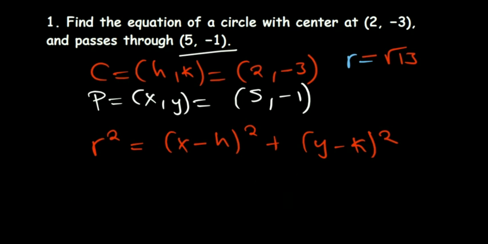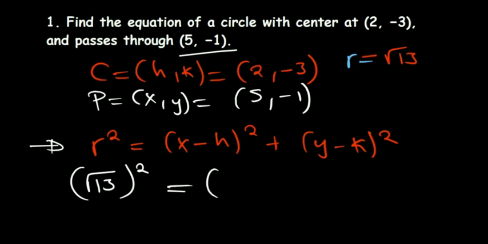So for us to find the equation of a circle, we just substitute back in this equation. We know our radius is the root of 13, which at the end of the day will just take us back to our r squared being 13. And as we come up with the equation, this point was just a point of reference, so we'll just use the center.